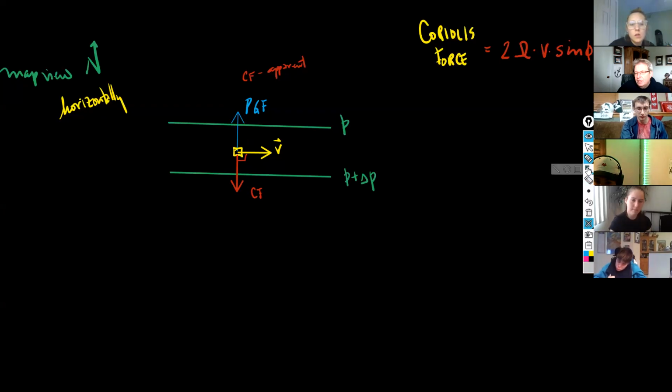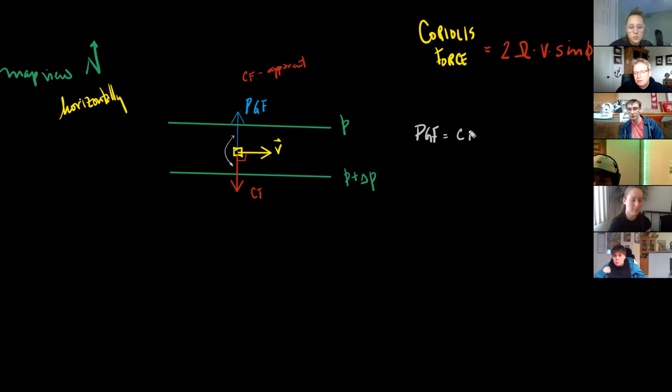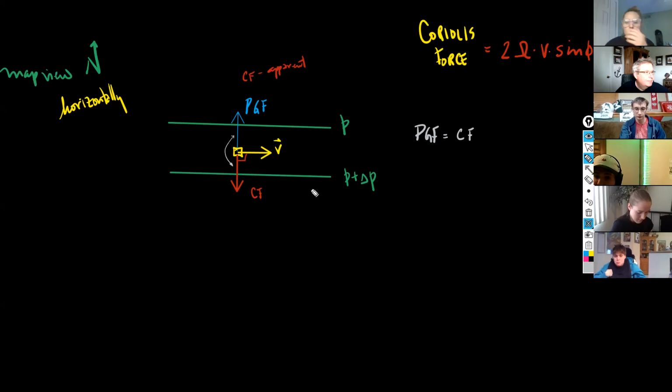Do you agree that it looks like this force and this force are pointing in opposite directions? So the pressure gradient force is equal to the Coriolis force. What's the net force? 0. We call that geostrophic.